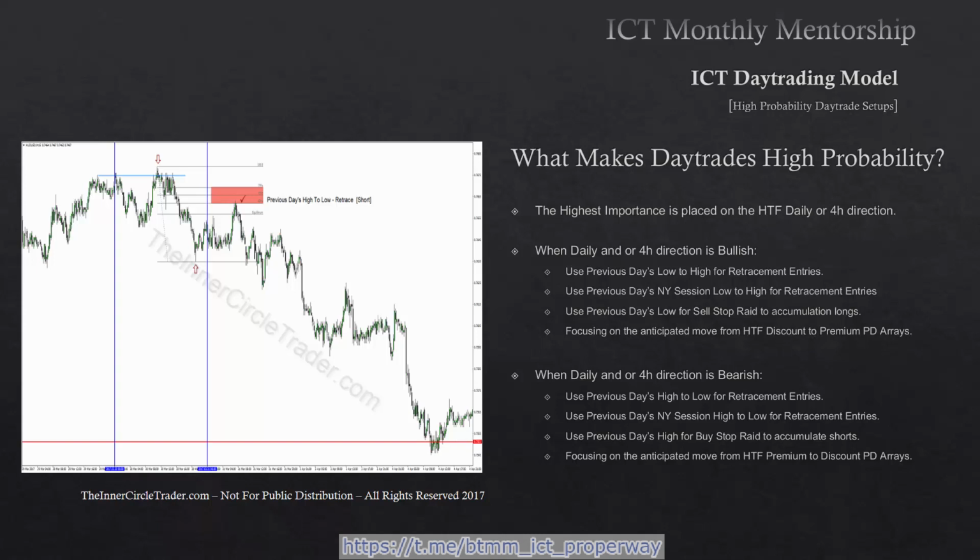So in other words, I've done my due diligence, if you will, from the higher time frame, and I've arrived at what I believe is the most probable direction on a higher time frame chart. And then what I'll look for is, if I'm bullish, I want to look for the range from London's extreme high or low to the opposite extreme high or low prior to New York.